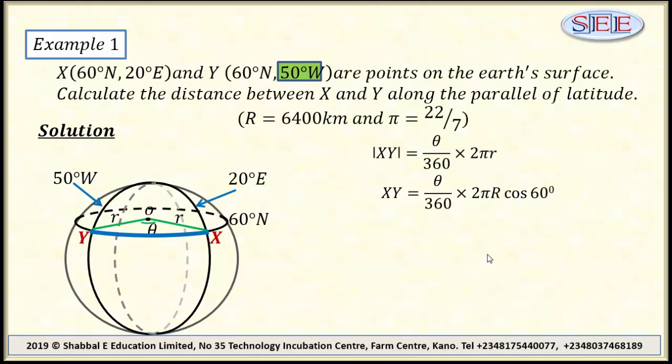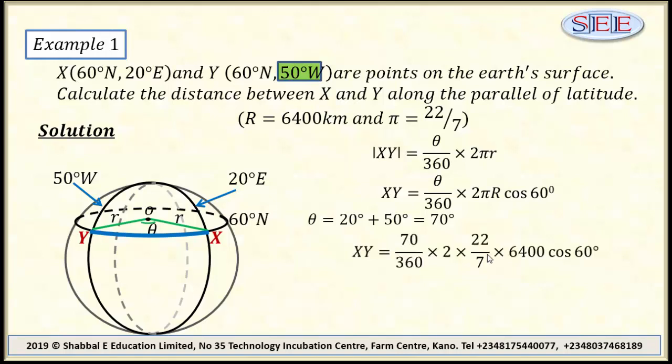Theta will be determined by the difference in their longitude, as these 2 points X and Y are in opposite directions. One is east, the other one is west. So the rule tells us we add. So the longitude of X, which is 20 degree east, plus the longitude of Y, which is 50 degree west, we add to get 70 degrees. That is the value of theta that we needed to use in this formula.